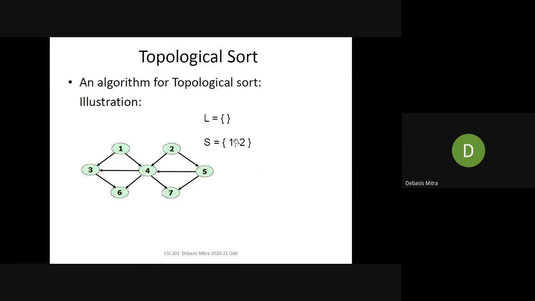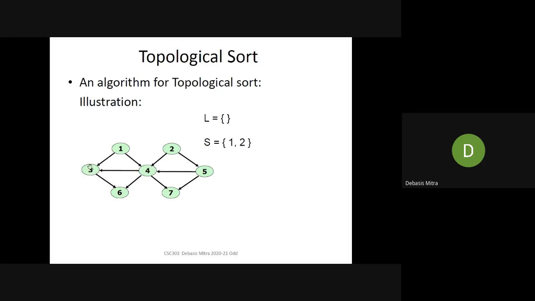Let me illustrate the strategy. So here, first I have this L and this is the S, means that in degree 0 nodes. Okay. 1 and 2. So any one I can choose. Let's say 1 I have chosen. Once I have chosen 1 in my sorted order, I have removed the edges here, and the in degree of these two nodes which were connected with 1 will be updated.